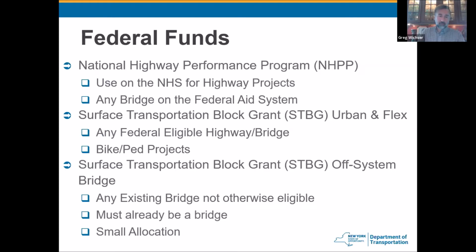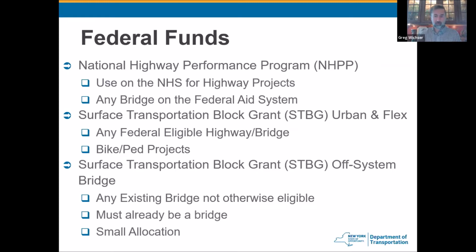So then federal funds, there are various colors of money that come out of Congress. I'm going to talk about the most current ones, which have been a part of several recent highway bills, so they don't change that much. Usually, every now and then they overhaul it, but start with NHPP, the National Highway Performance Program. This is for use on the NHS system, which again is a layer of the functional class map.